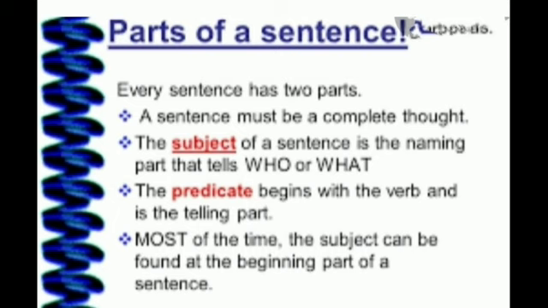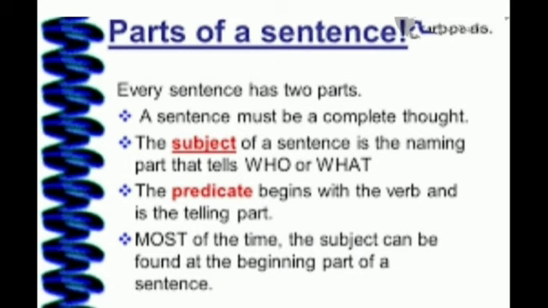Now we'll see predicate. The predicate begins with the verb and is the telling part, meaning something more about that person or thing is the predicate. This part states what the subject is or does. It always begins with a verb and has the object.